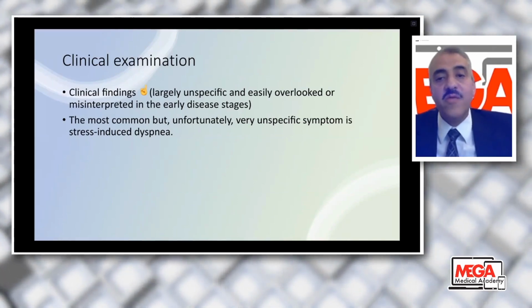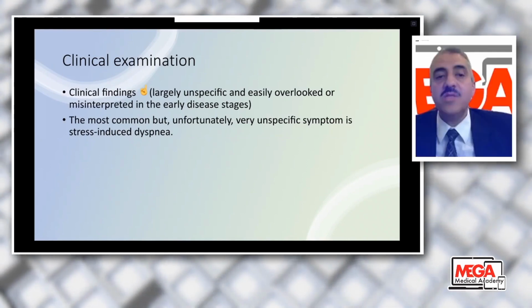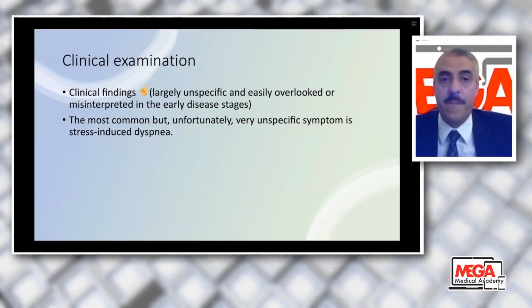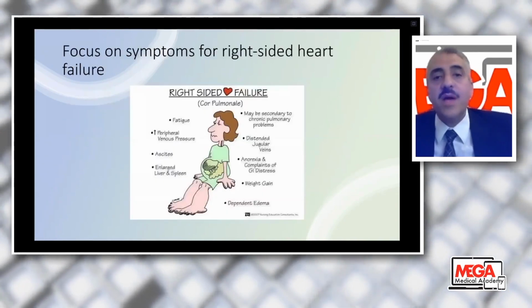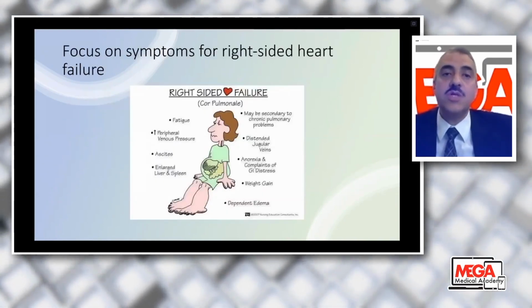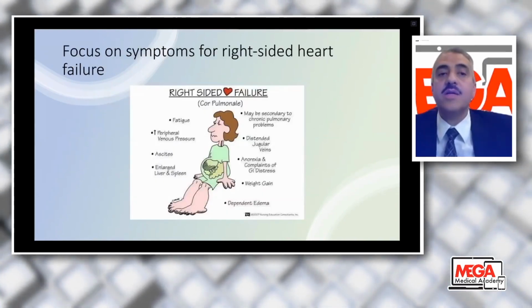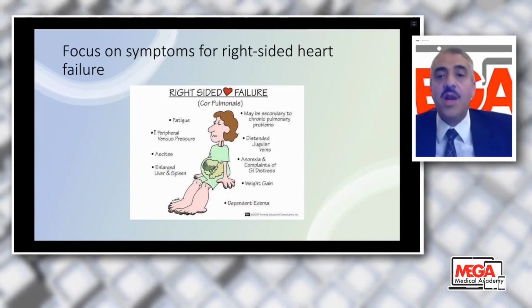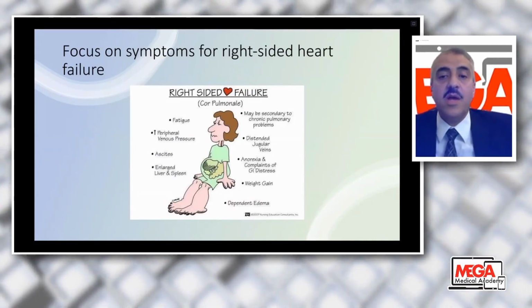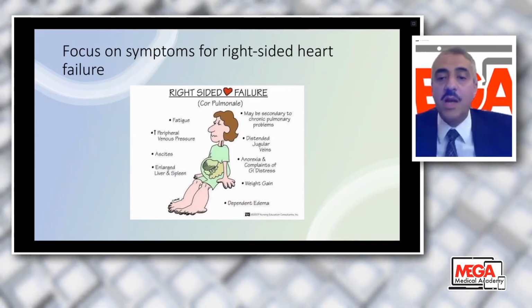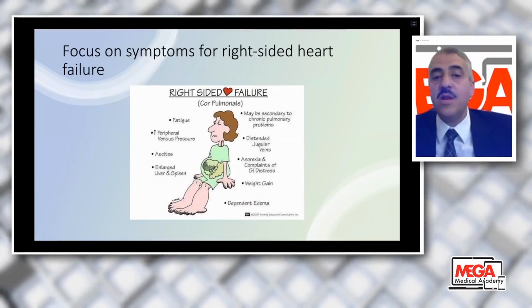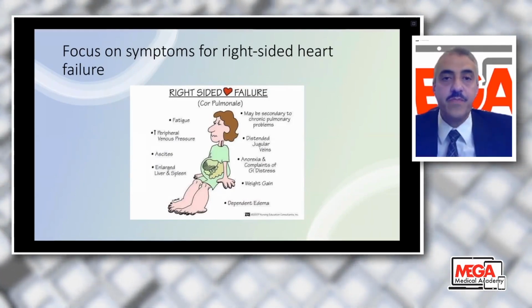The most common, but very unspecific, symptom is stress-induced dyspnea. Moreover, the anesthesiologist should search for symptoms of right-sided heart failure, like distended jugular veins, abdominal swelling, dependent edema, and enlarged liver and spleen.